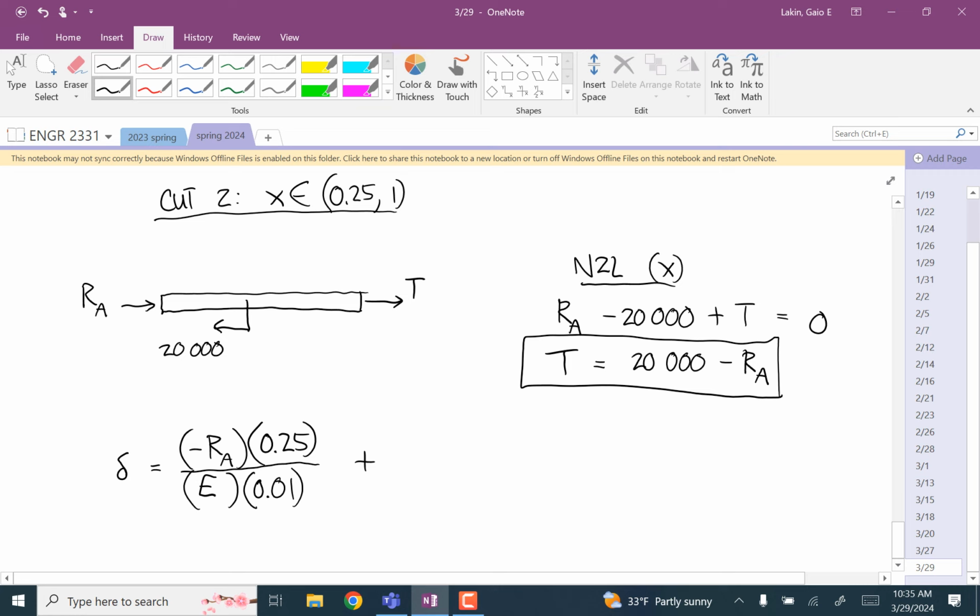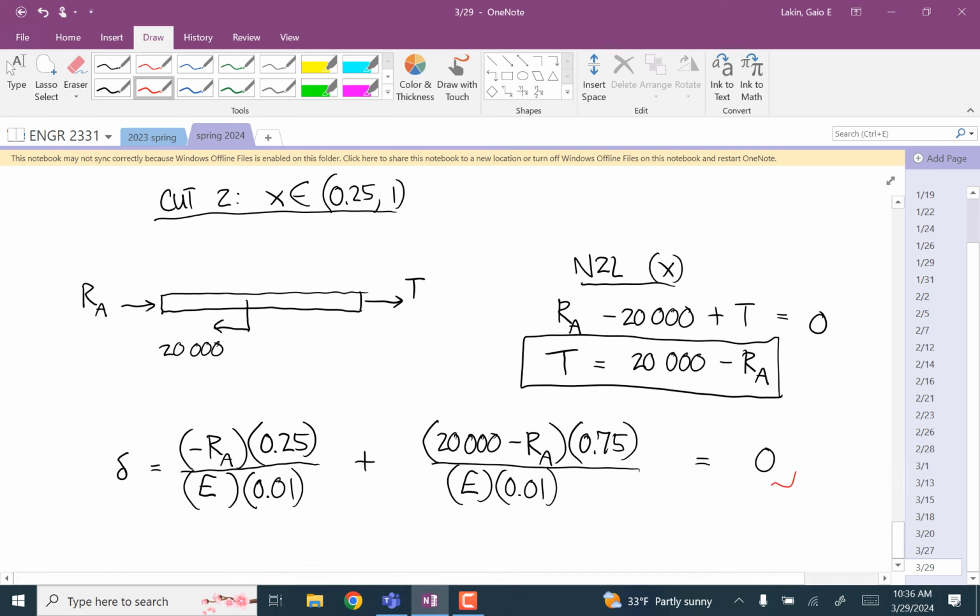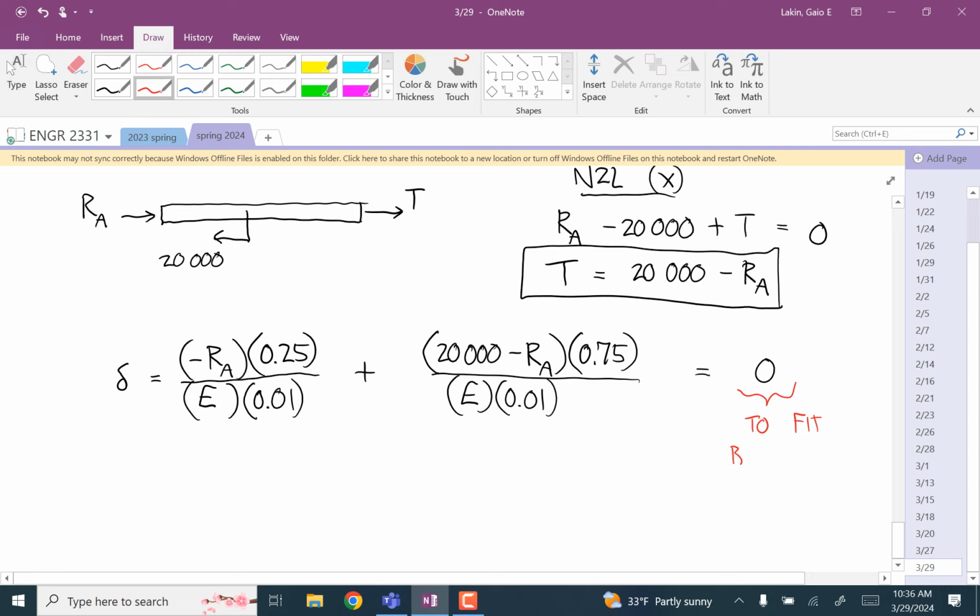Now we're doing the top 3/4. So the internal tension times the length divided by Young's modulus times the cross-sectional area. And all this is equal to 0. And this is just because it has to fit between the floor and ceiling.